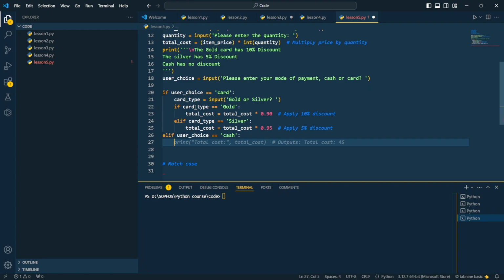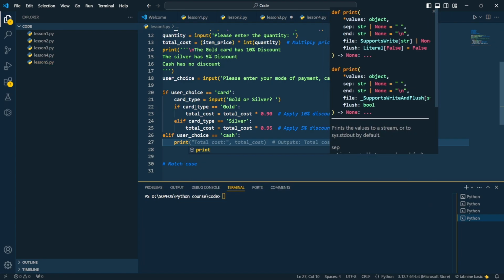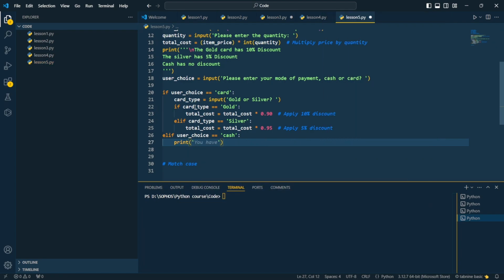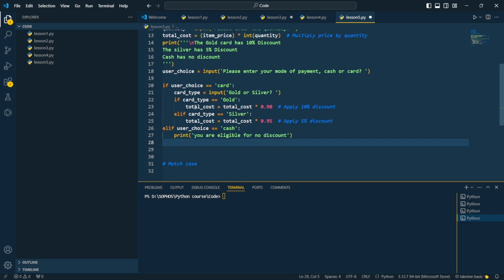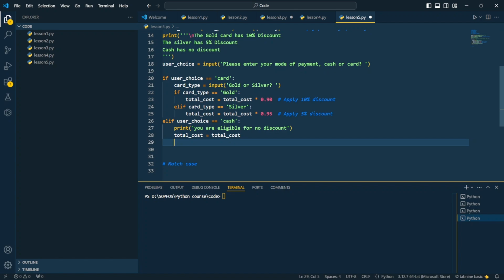So in this case, let's give him a message that says you are eligible for no discount. And total cost remains the same. You do not have to change the total cost at all.